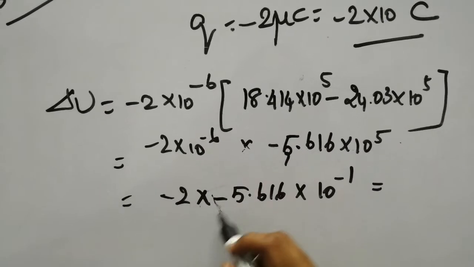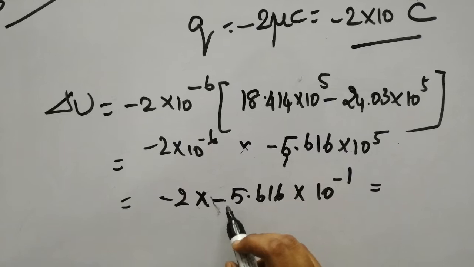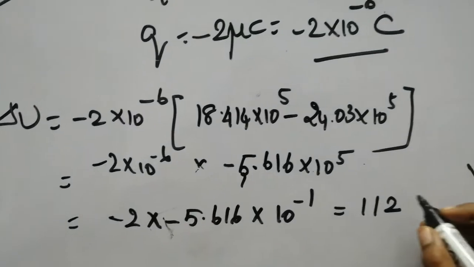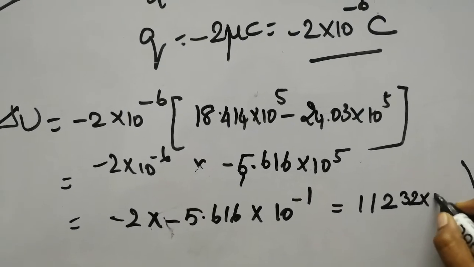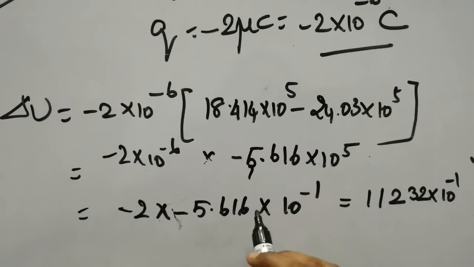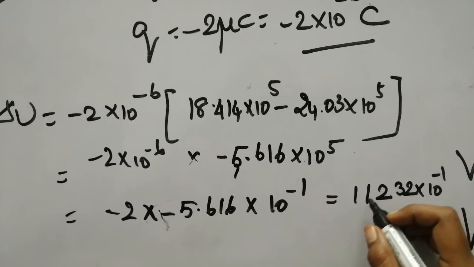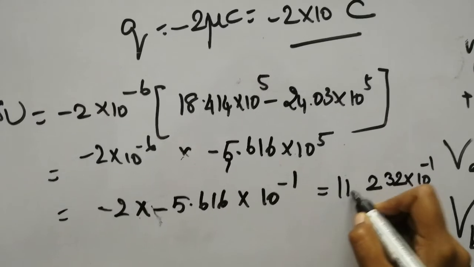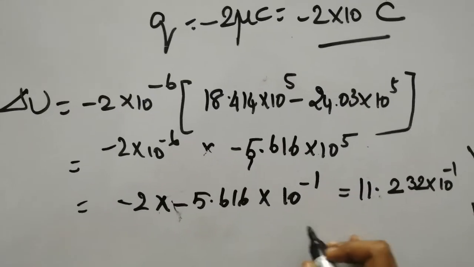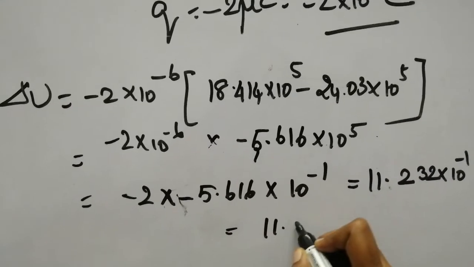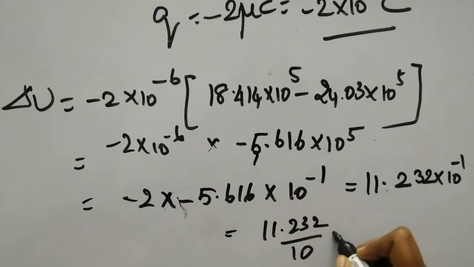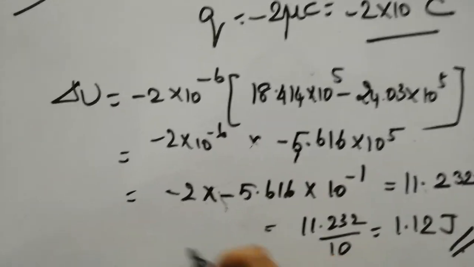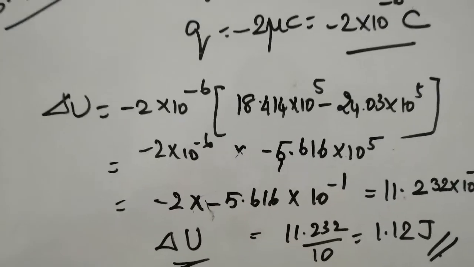When you multiply, 5.616 into 2 is 11.232, so it is 11.232 into 10 to the power minus 1. This can be written as 11.232 divided by 10, that is 1.12 joules. So this is the potential energy value for this case.